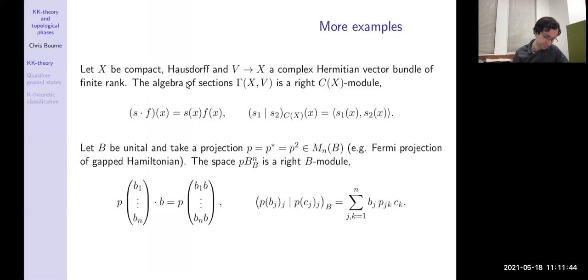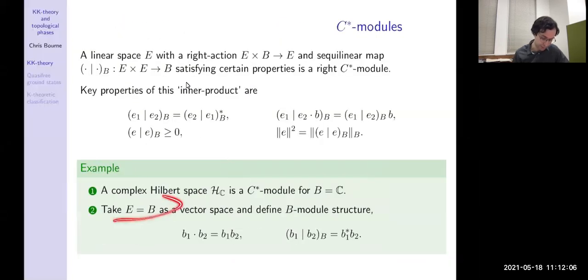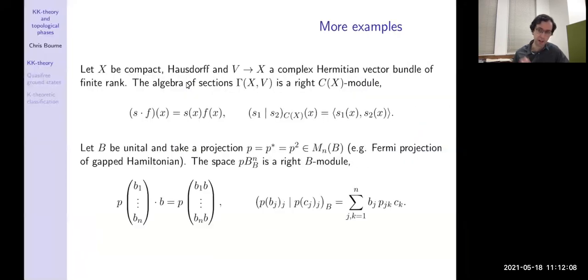So another example is to take a unital C-star algebra and take a projection in the n by n matrices over this algebra. And maybe an example would precisely be the Fermi projection of a gapped Hamiltonian in the one particle framework. Then with this module that I built over here, just from the algebra over itself, I can take n copies of that.